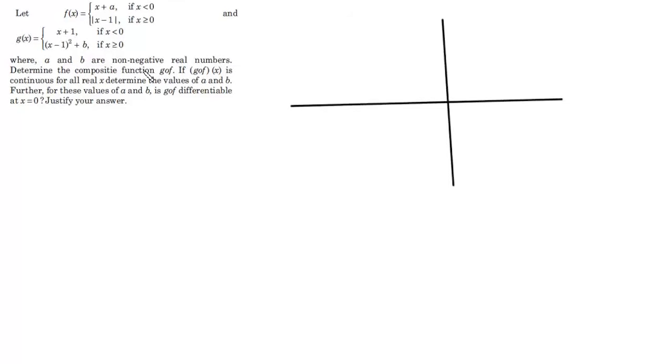Here a and b are both non-negative real numbers. So this first one is x plus a. Now this is minus a, this is 0, and if x is 0, this value is a.